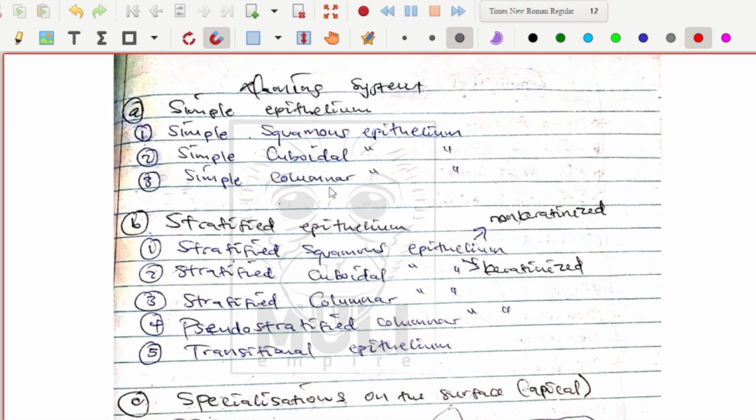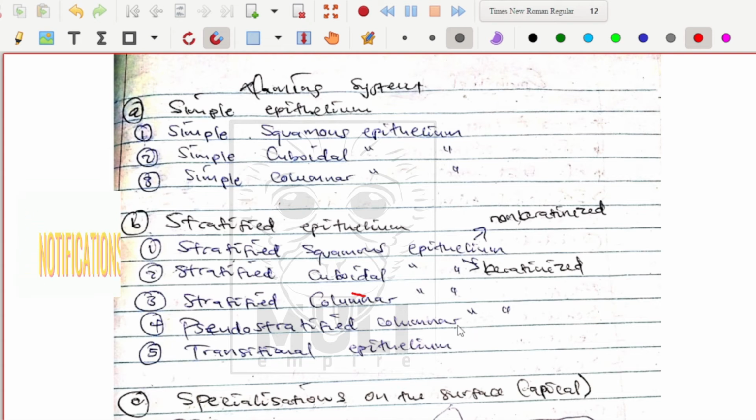The same is said for columnar. Looking now at the stratified epithelial tissue, when a cell has more than 2 layers and the surface, the apex, is flat, that is a stratified squamous epithelial tissue, not so? The same is said for cuboidal and columnar.